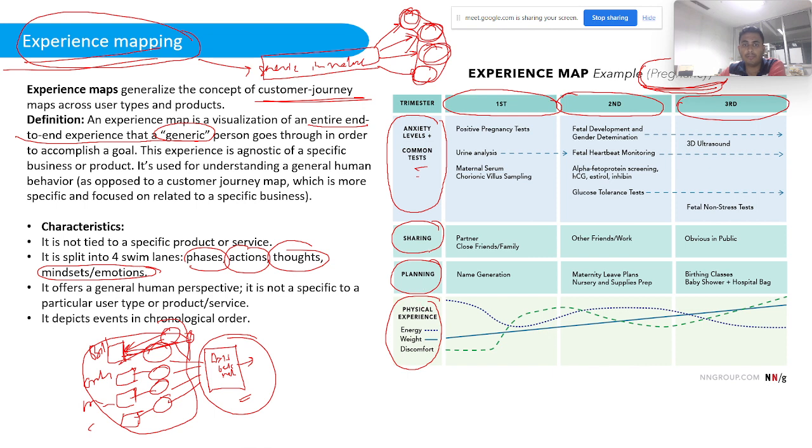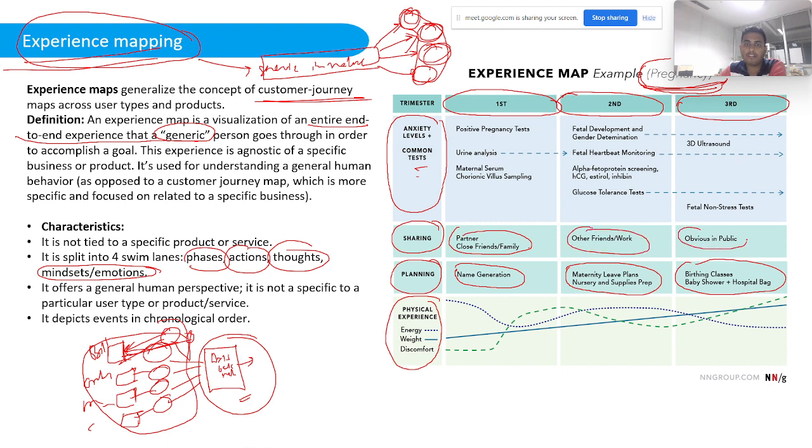For example, an action can be planning, name generation, maternity leave planning, then birthing classes. Then an action can be sharing.